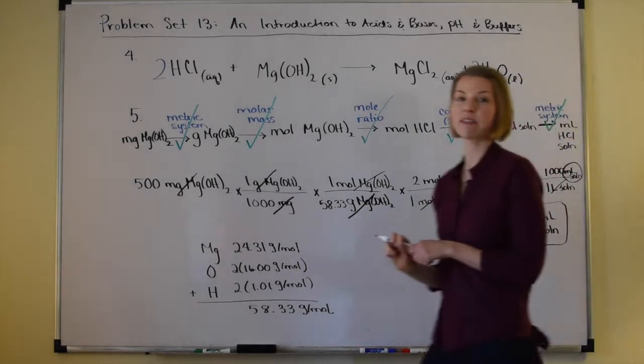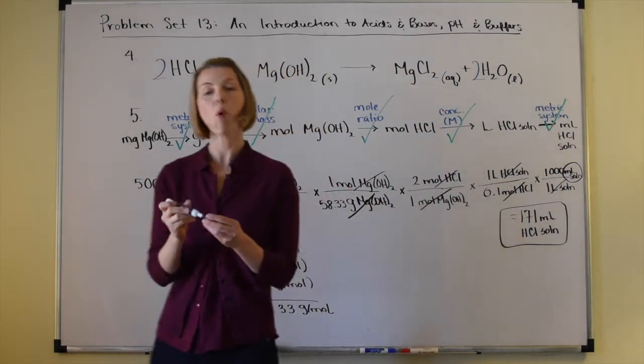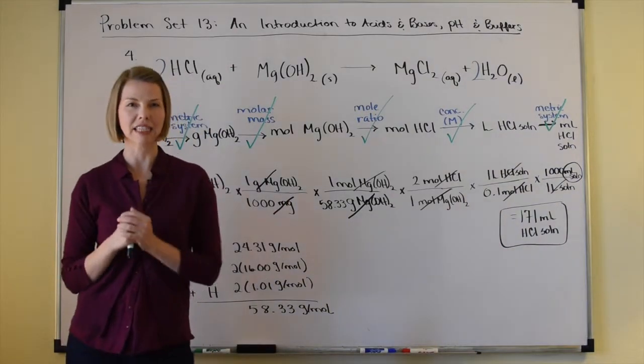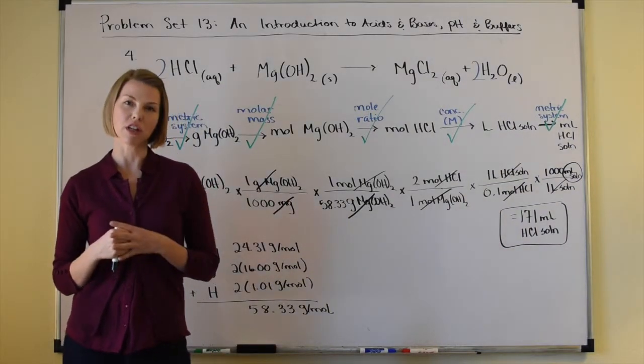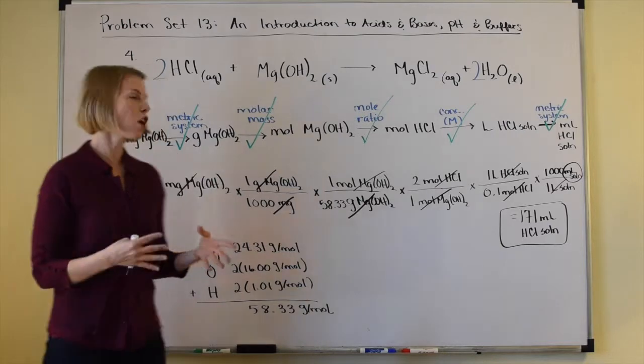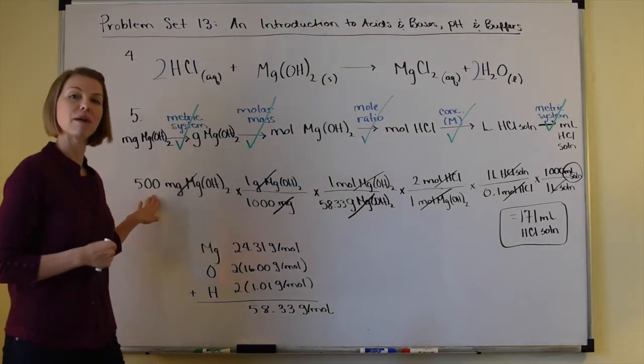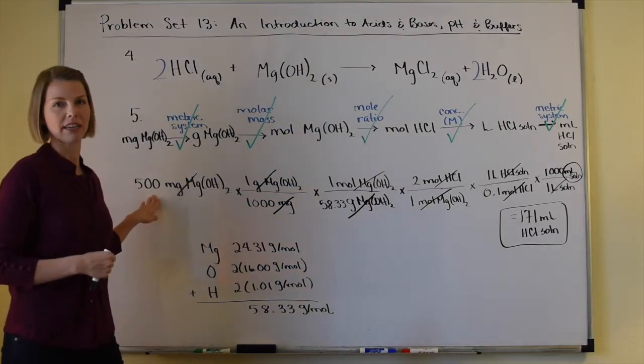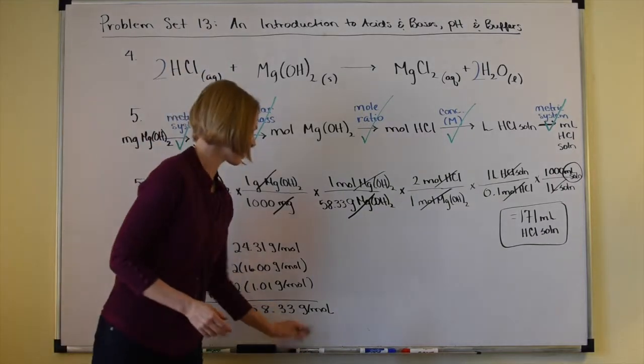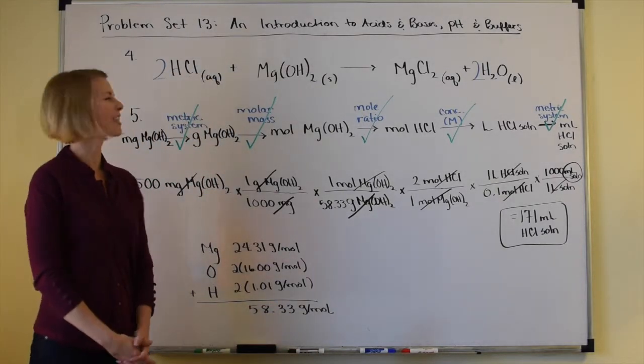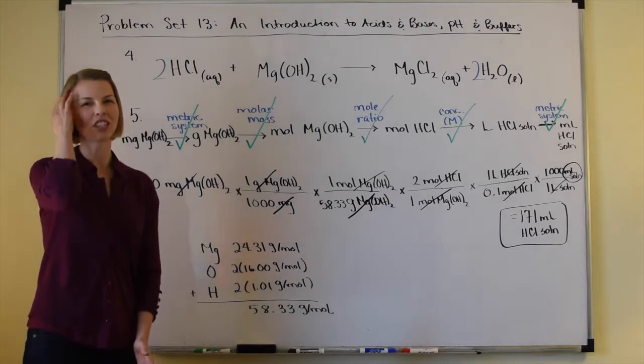So 171 milliliters of that 0.1 molar hydrochloric acid solution can be neutralized if it fully reacts with our 500 milligrams of magnesium hydroxide. Okay, that was a lot of work. Let's go ahead and erase here and go on to number 6.